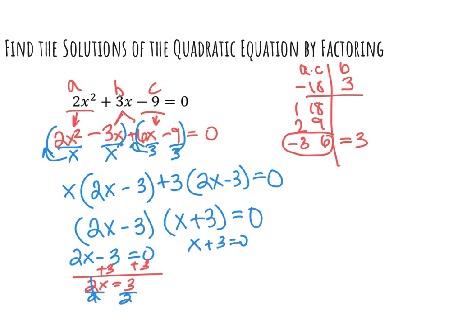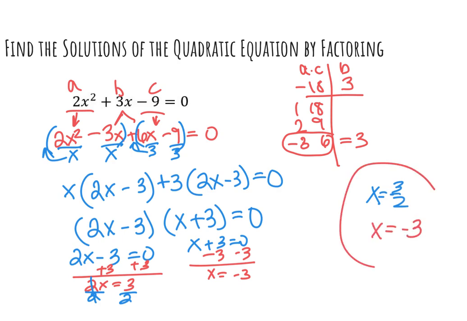My answer is 3/2. On my next binomial, subtract 3 from both sides. I get x equals -3, and that is my other solution. Remember that quadratics can have no solutions, one solution, or 2 solutions.